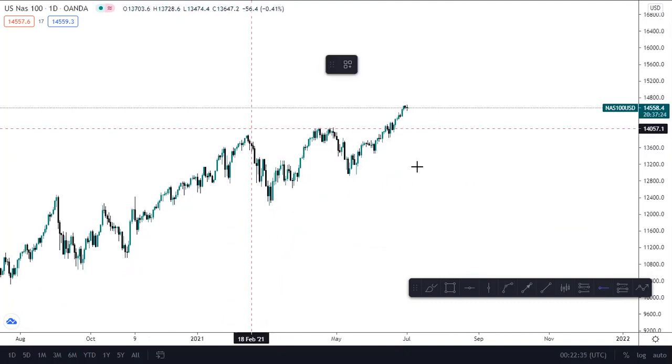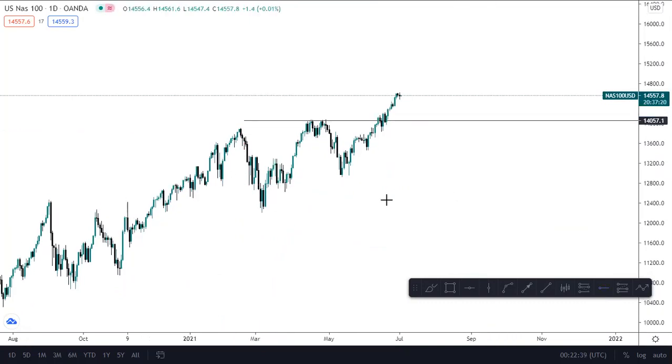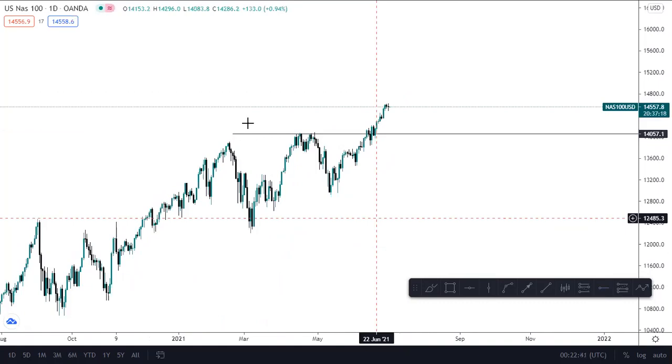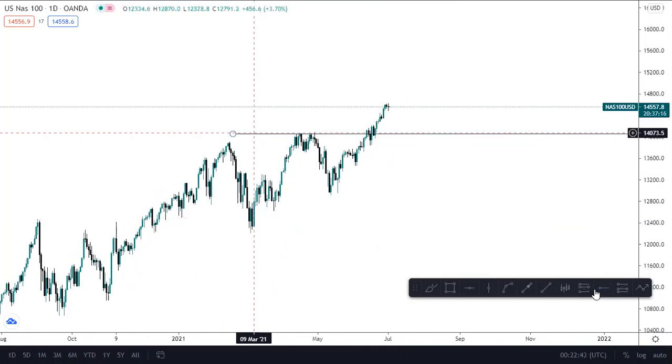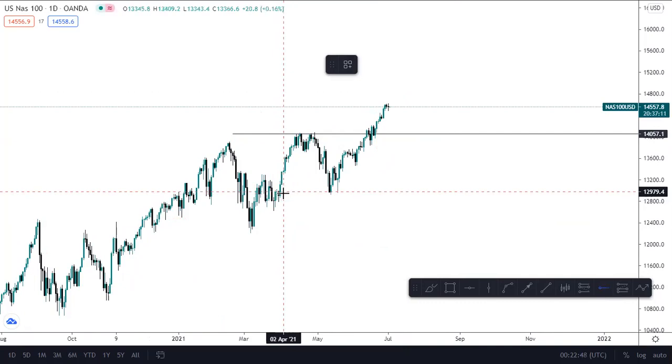We have our major resistance level there, which has been broken and retested. So our latest support is this level.